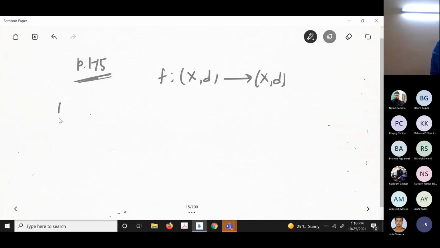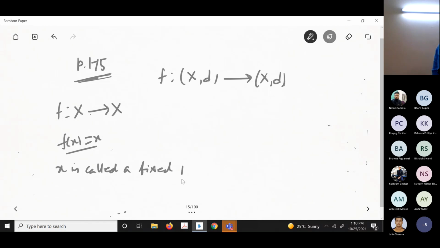First of all, when you have a function from X to X, then if you have f(x) equal to x, then x is called a fixed point of f. That is an area in mathematics, the fixed point theory. So x is called a fixed point of f.